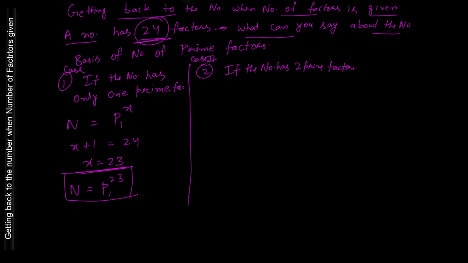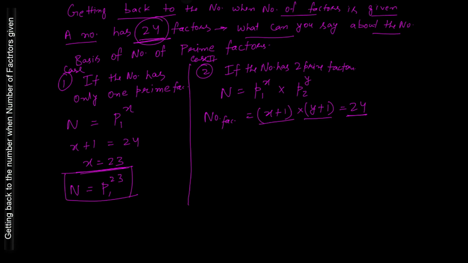If the number has two prime factors, then the number structure will look like n equal to P1 to the power x into P2 to the power y. In that case, the number of factors will be x plus 1 into y plus 1. Right? Now, it has to be equal to 24. Is it possible to break 24 into two parts?